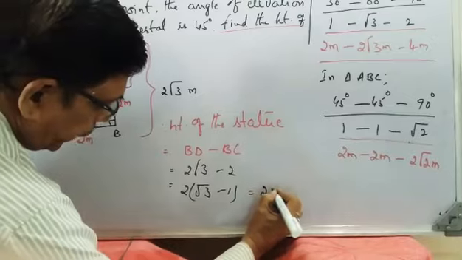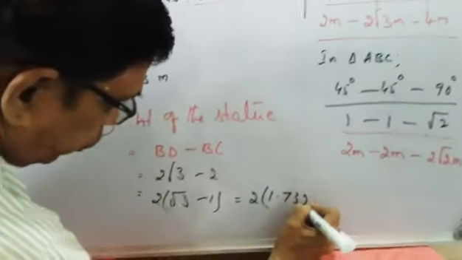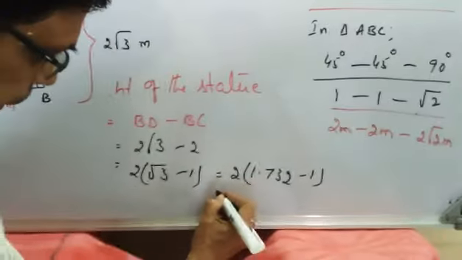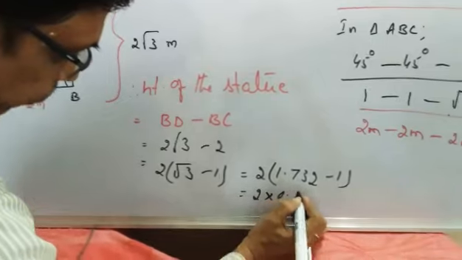That is, 2 into √3 value is 1.732 minus 1. That is 2 into (1.732 minus 1), which is 0.732.